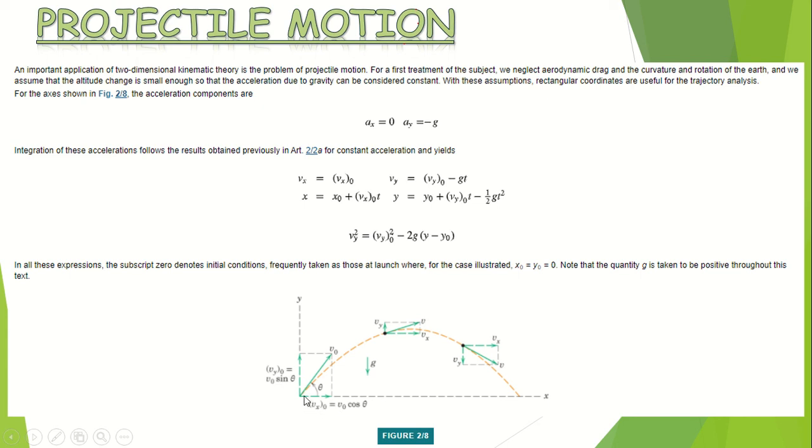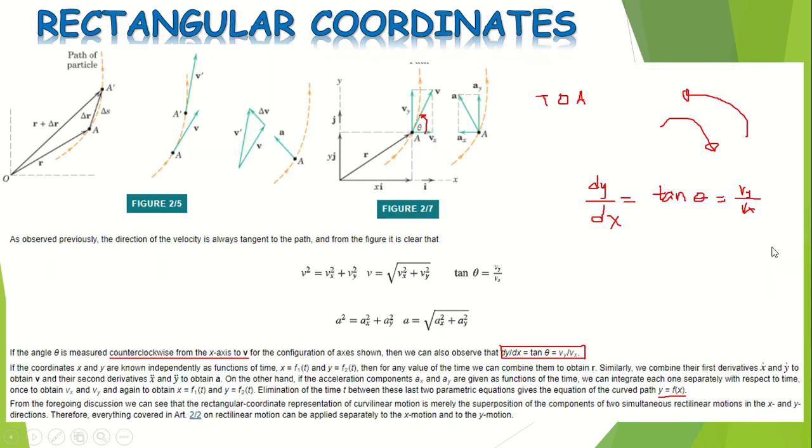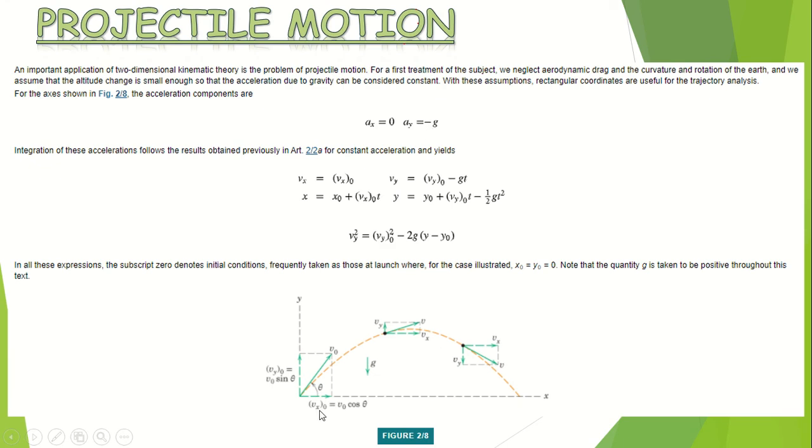So this is our horizontal component. That's why we have here the vx, because if you look at our previous illustration, we have the vx here. This is the horizontal component, this is the vertical component. So in our illustration, this is represented as v sub x sub 0.